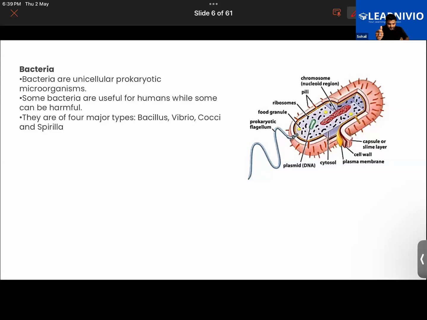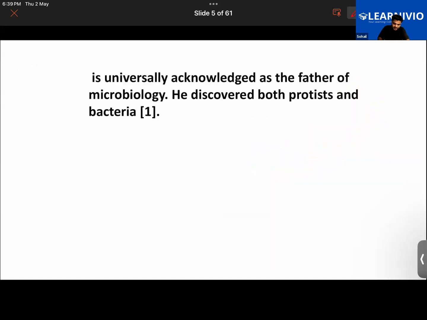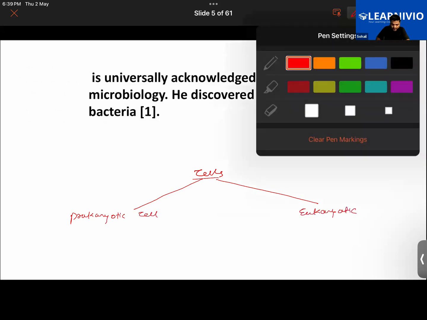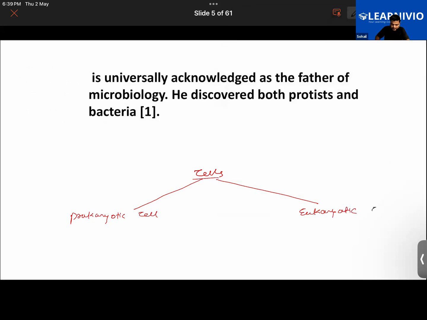Cells based on their complexity are of 2 types. One is prokaryotic, another one is eukaryotic. We humans are having which type of cell? Eukaryotic cell. While bacteria are having prokaryotic cells.